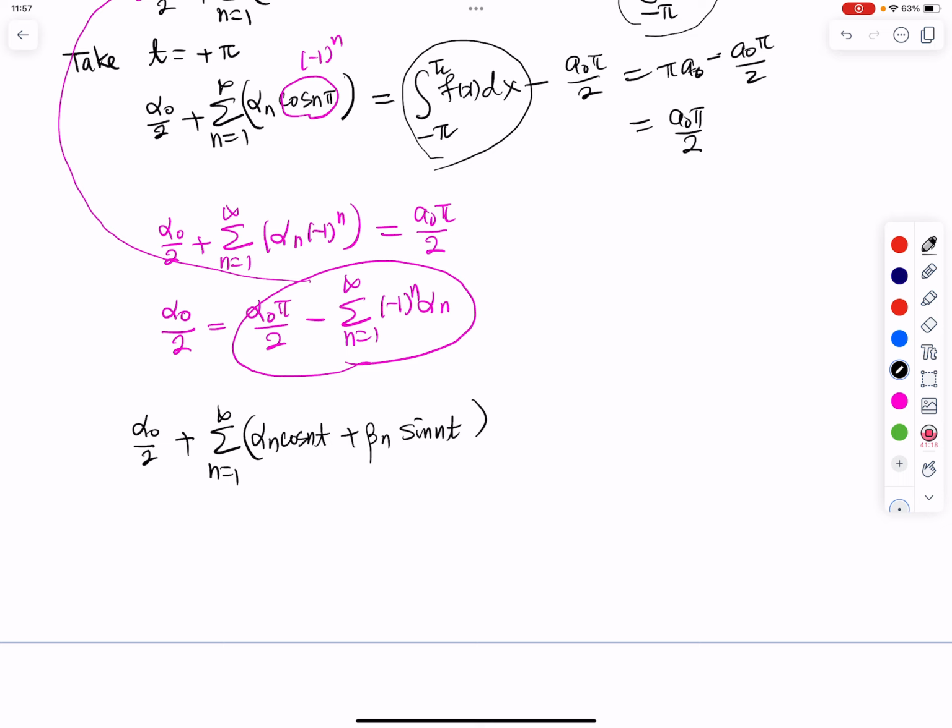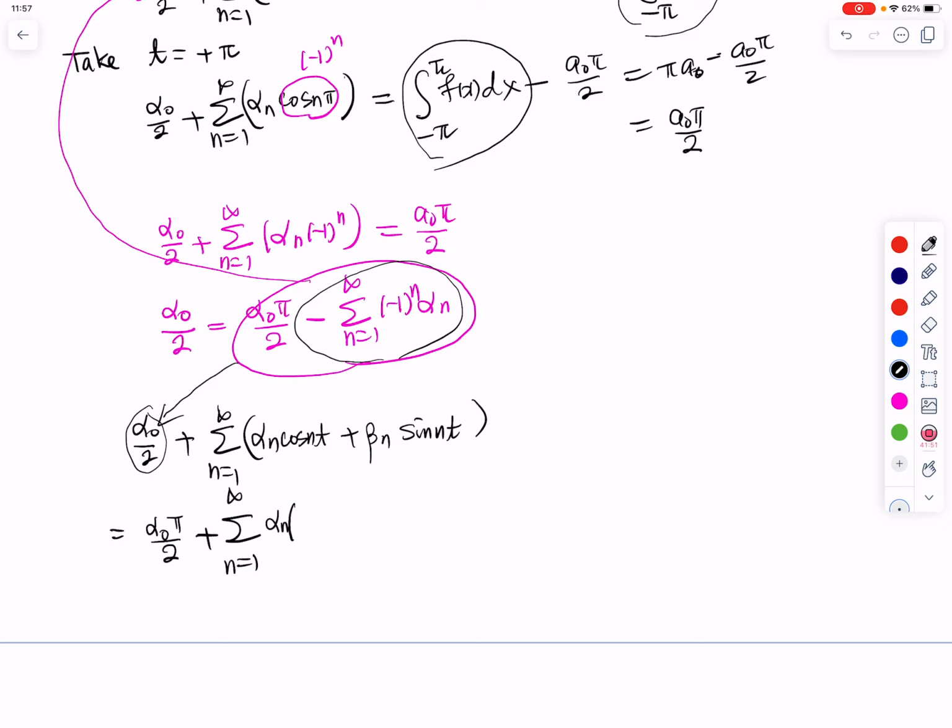Then you replace alpha 0 over 2 by this one, so a0 pi over 2 and the summation. For the alpha n part, we take alpha n outside, then cosine nt minus minus 1 to the n, and then plus beta n sine nt. That's what we have.